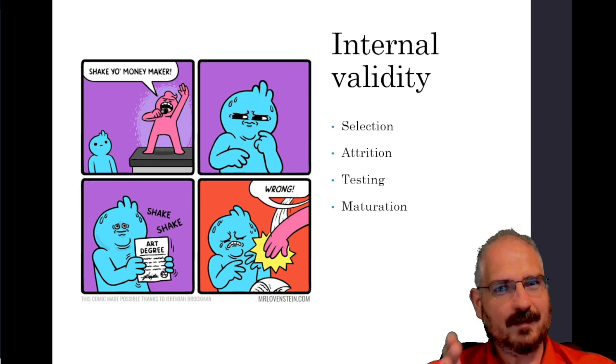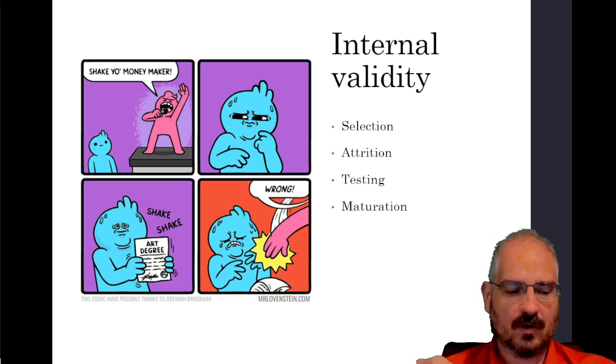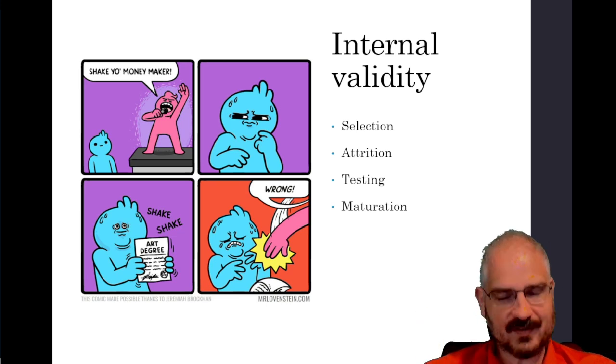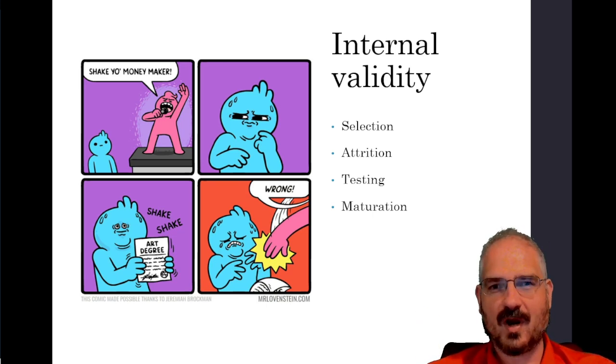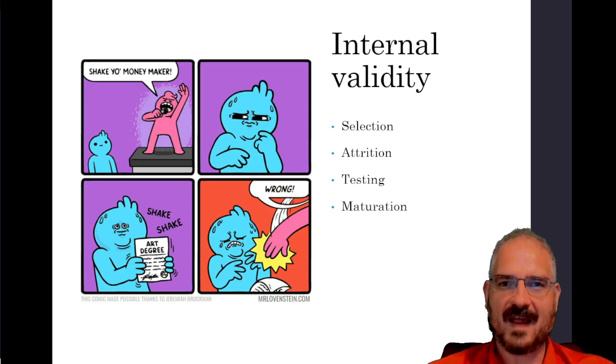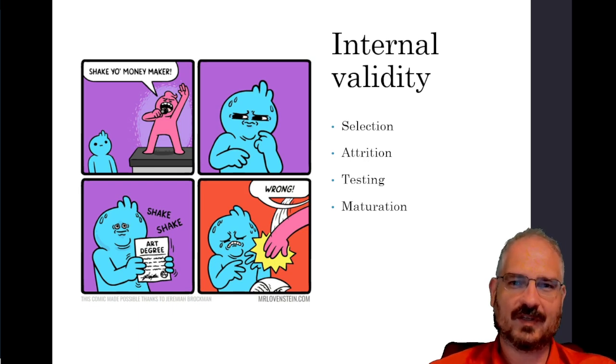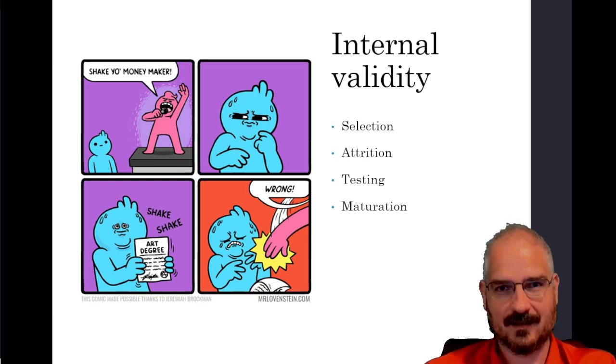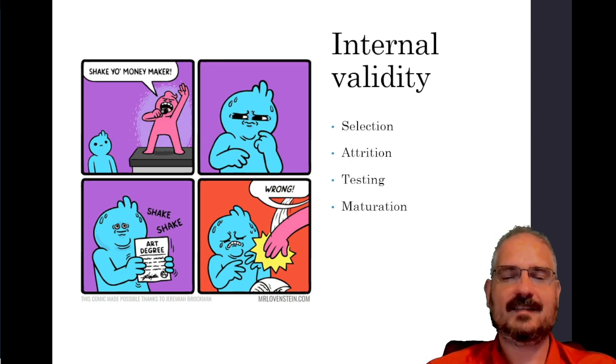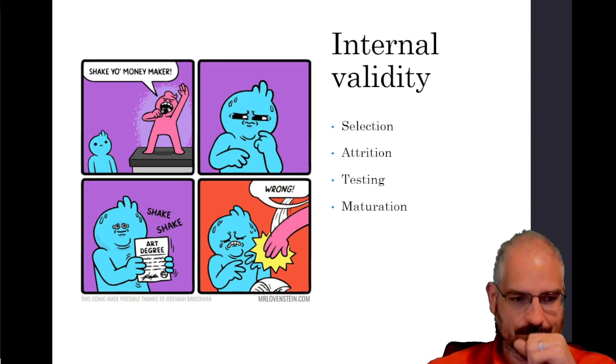But unless we randomly assign prisoners to either get that rehabilitation program or not, how do we know whether the lower recidivism rate was due to the rehabilitation program and not the fact that the prisoners who got sent to the rehabilitation program were the prisoners less likely to recidivate anyway? Right? That's a selection bias issue.